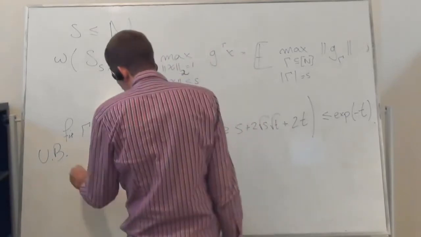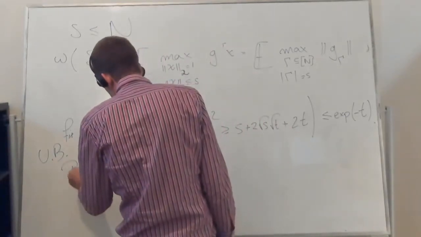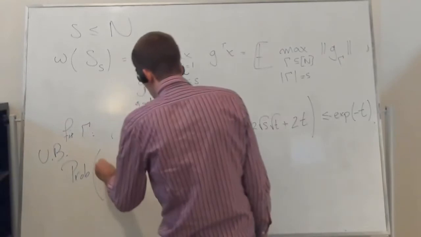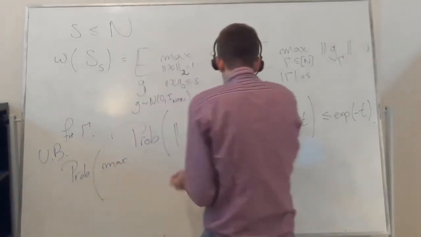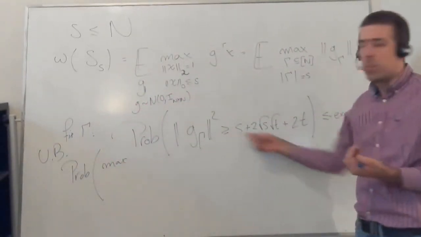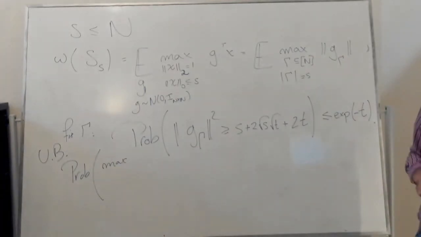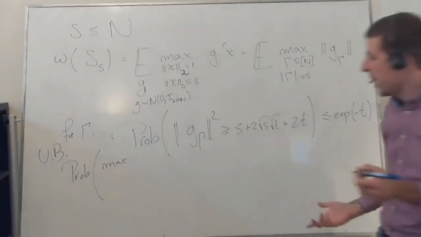And so then we know that the probability that any one of the sets is bigger than this is the same as the max being bigger.